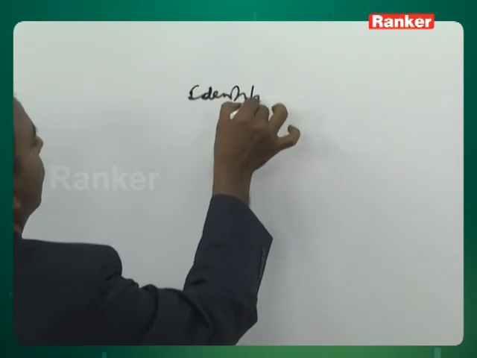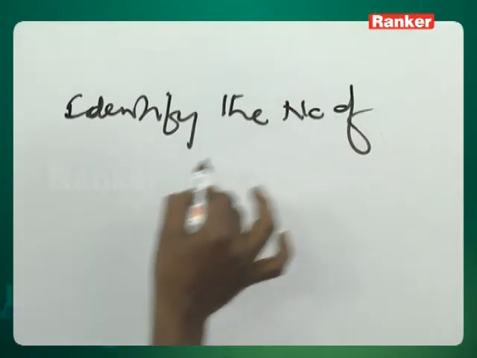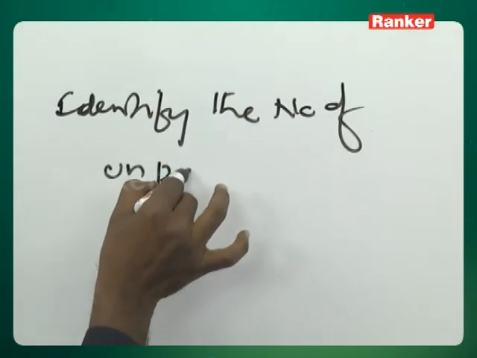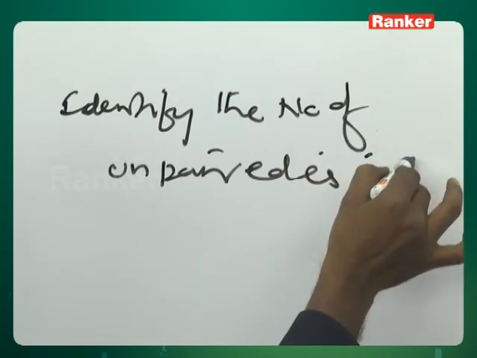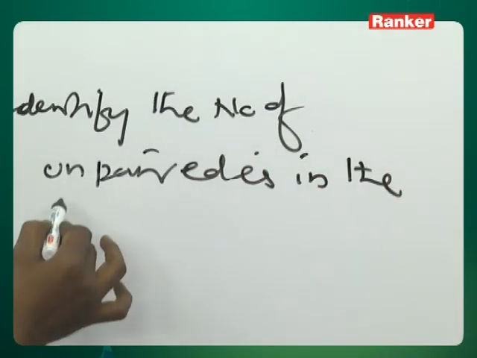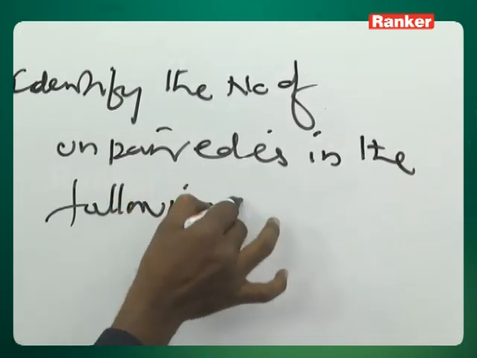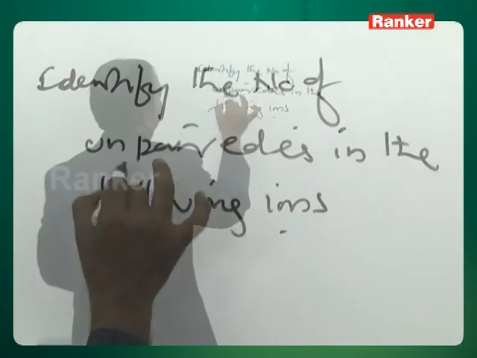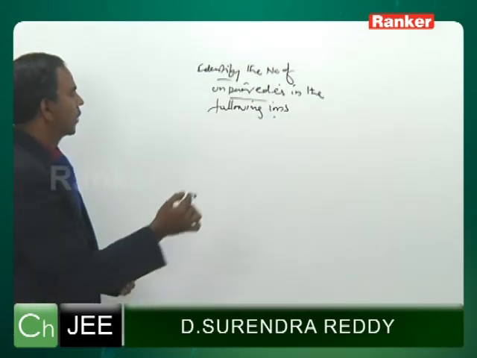Identify the number of unpaired electrons in the following ions.